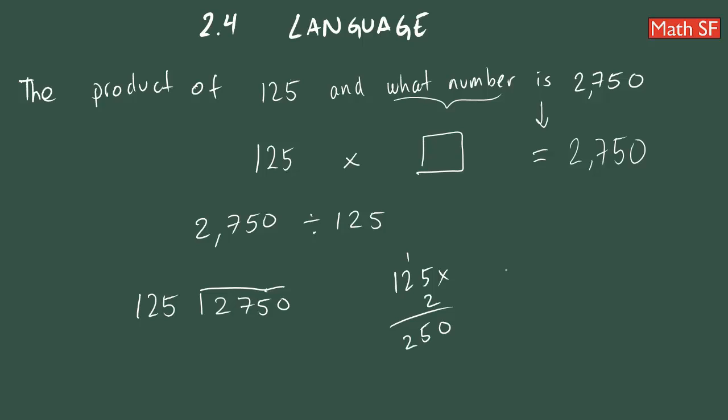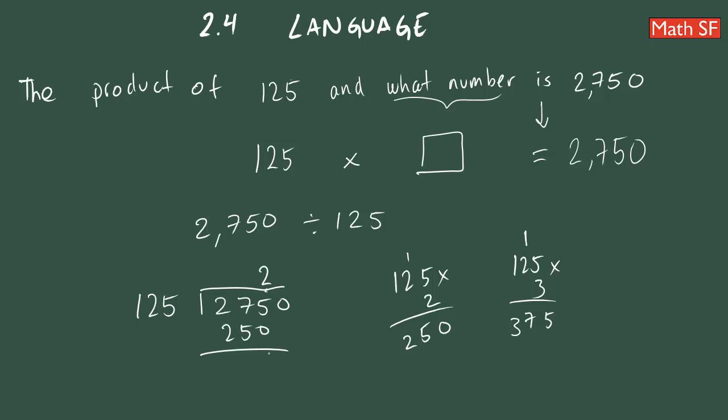Pretty close, right? Because if we go 125 times 3, that will give you 375, which is too much, so it's by 2.